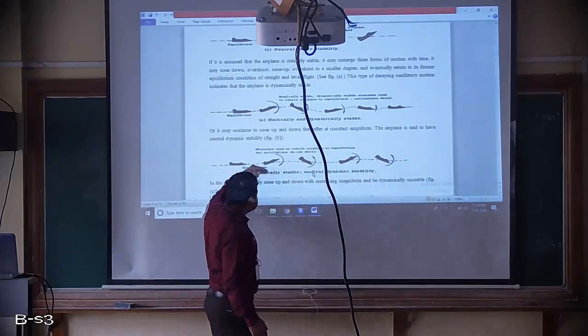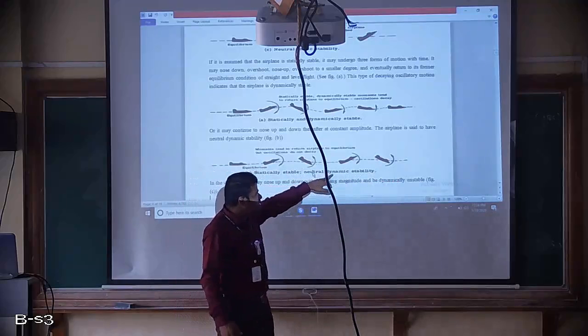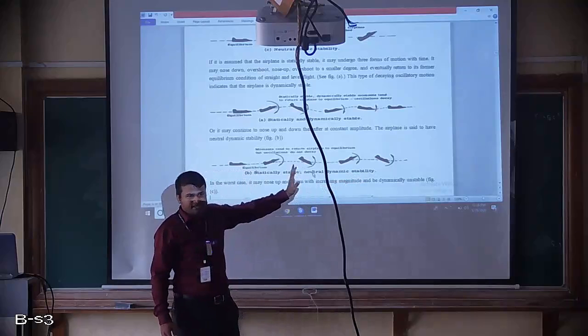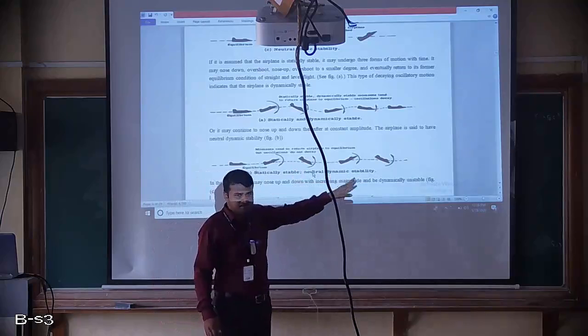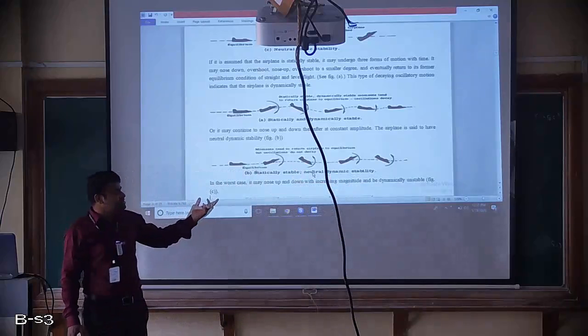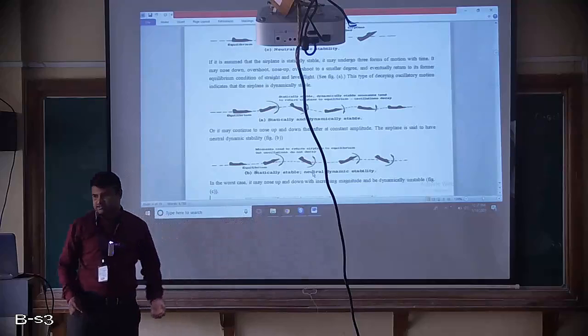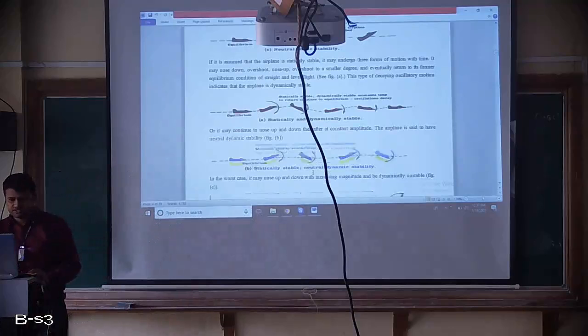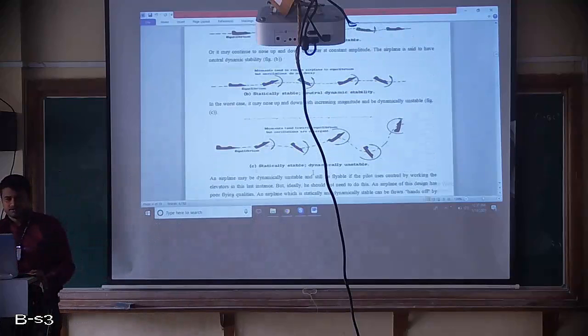That means it is statically stable, but it has neutral dynamic stability. So we can say it is statically stable and has neutral dynamic stability. It's both merging together. So this is about a statically stable aircraft with neutral dynamic stability.